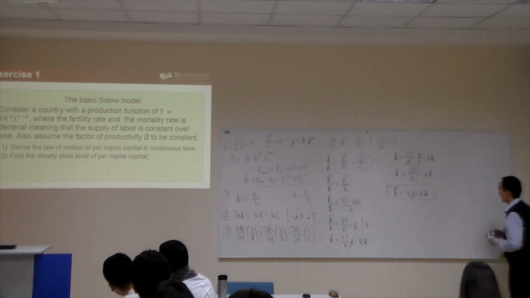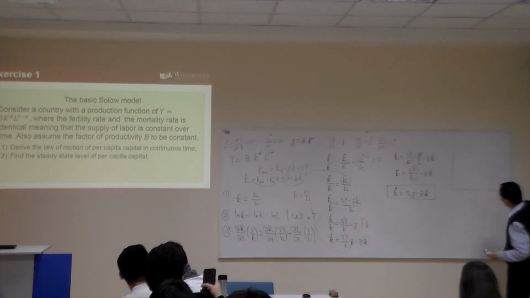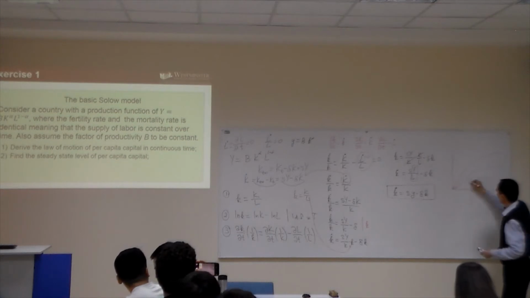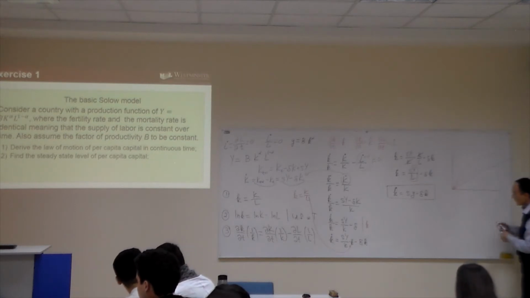Oh, I erased the graph. Okay, let me draw it once again. So output function, investment function, and depreciation line. So now we are asked to find steady state level.